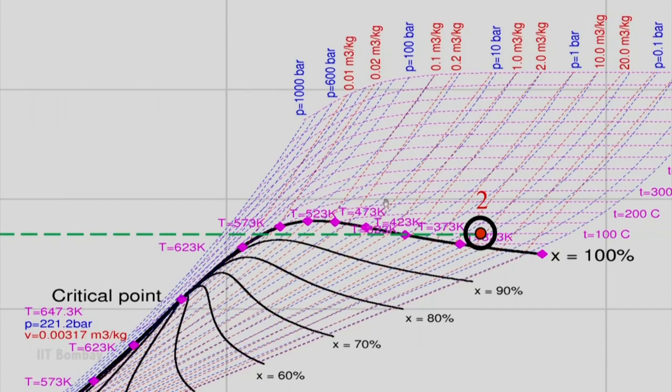You can see that as soon as I start locating, I come inside the dome here, and therefore it indicates to me that the state will be in the 2-phase zone, or wet steam, while state 2 is in the superheated zone, which I could see directly. The state 1 happens to be wet steam, and the point would lie somewhere over here.